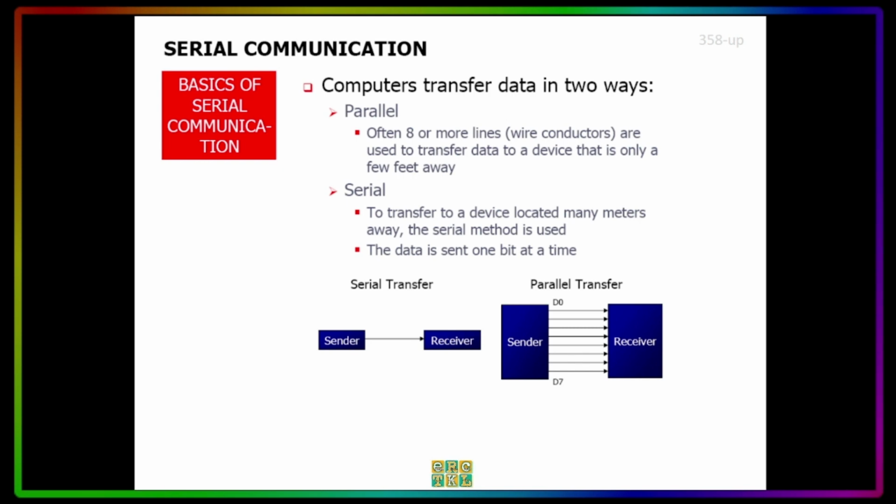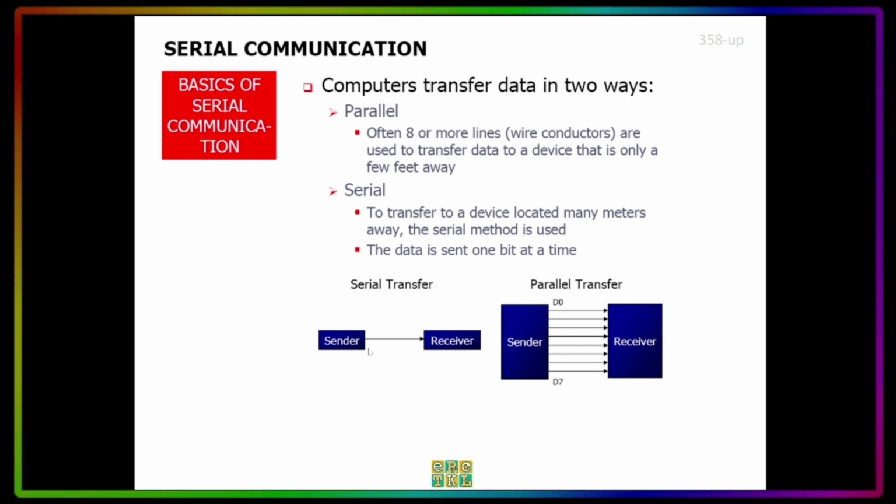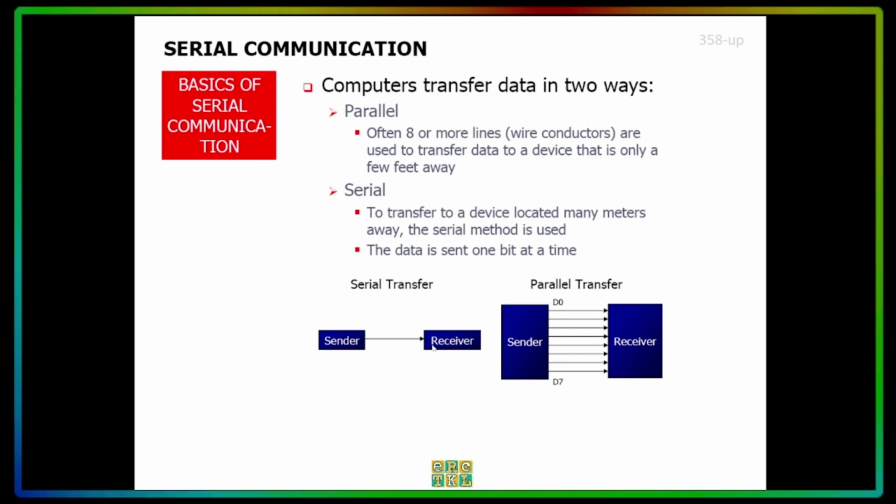For serial, to transfer to a device located many meters away, the serial method is used, and the data is sent 1 bit at a time. You will see in this figure that in serial transfer, we have on the left the sender with a line and an arrow pointing to the receiver, and it's only a single line.